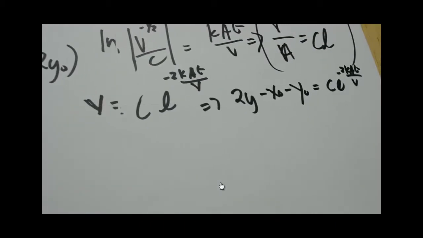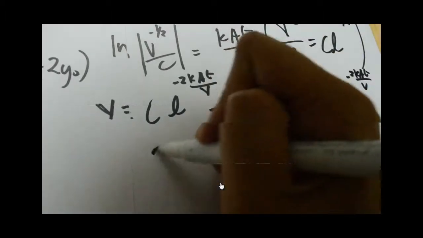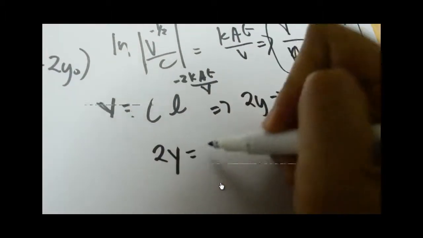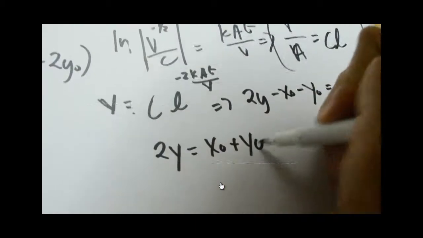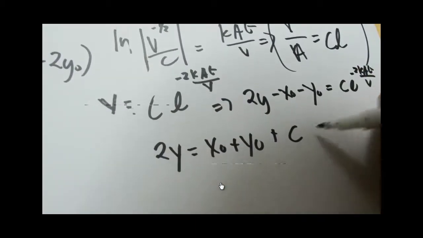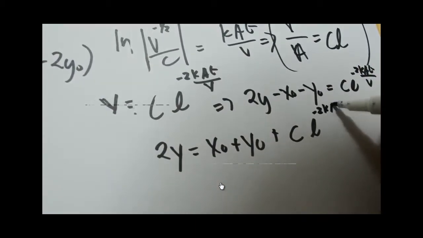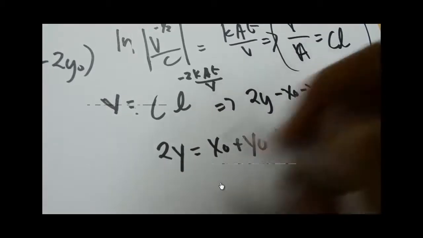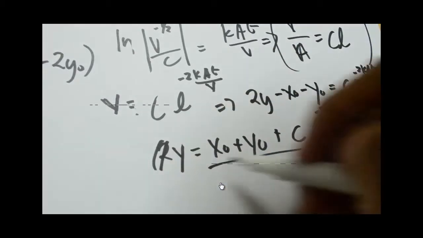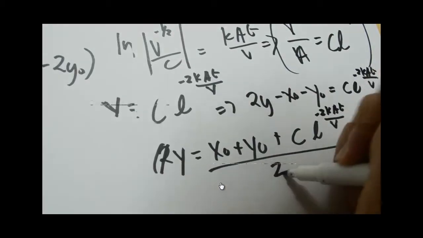So 2y is equal to x sub o plus y sub o plus c e to the negative 2k a t over V, or y is equal to this term all over 2.